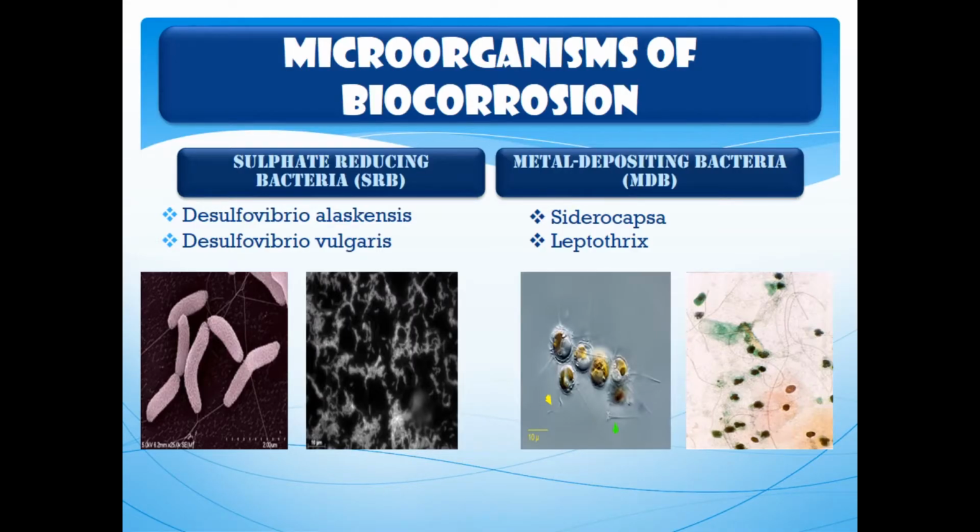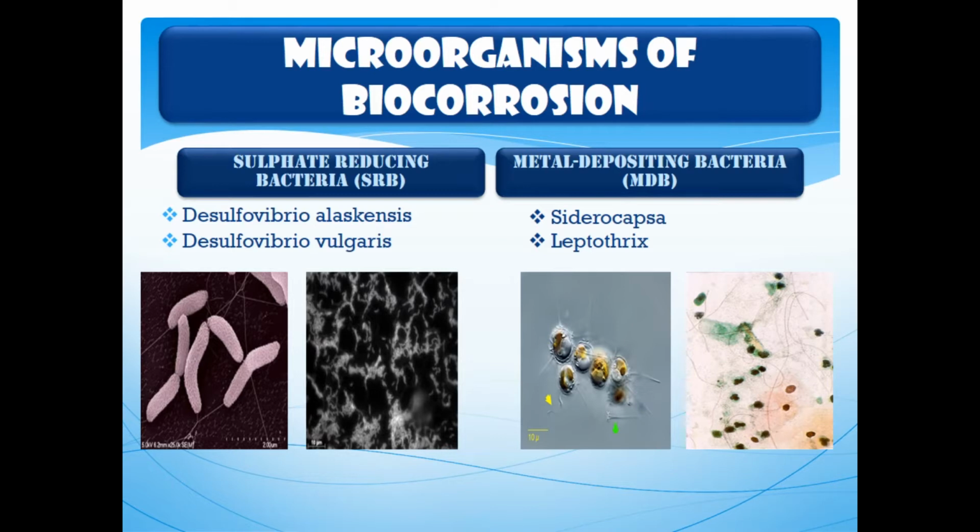And next, we'll look into the microorganisms that contribute to biocorrosion. There are four classes of microorganisms involved in biocorrosion. The first class is the sulfate reducing bacteria, known as SRB. Among the examples are Desulfovibrio alaskensis and Desulfovibrio vulgaris. The next class is the metal depositing bacteria, known as MDB.